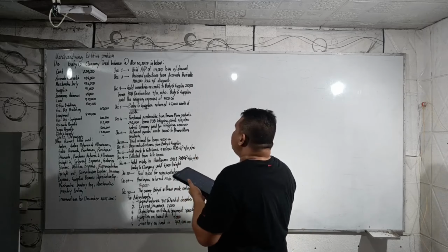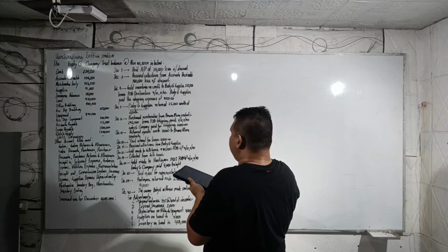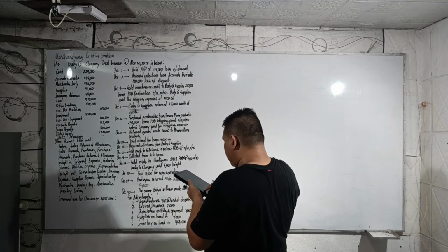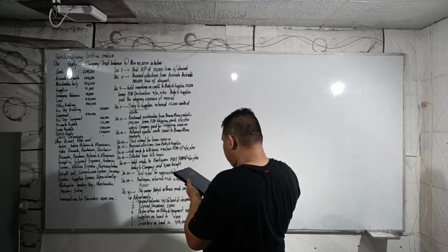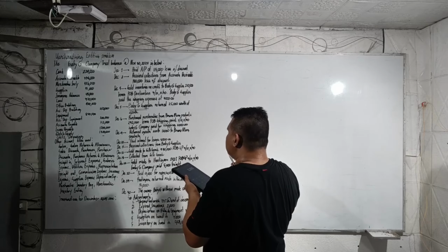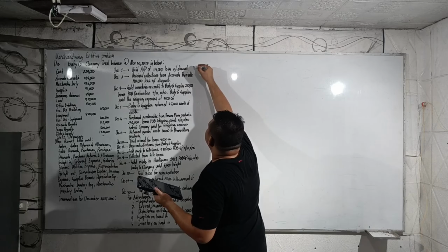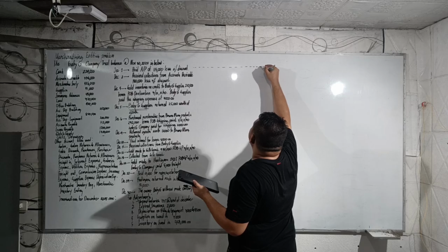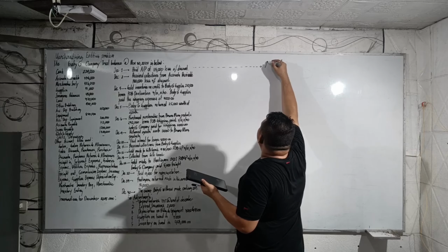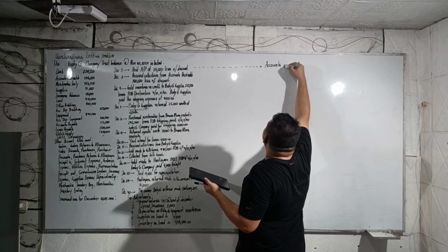Okay. So 115,000 supposedly is what you're going to pay. However, it will be deducted by 2%, which is 2,300. So what will happen on the entry? First, you have to debit the accounts payable because you have to decrease it.